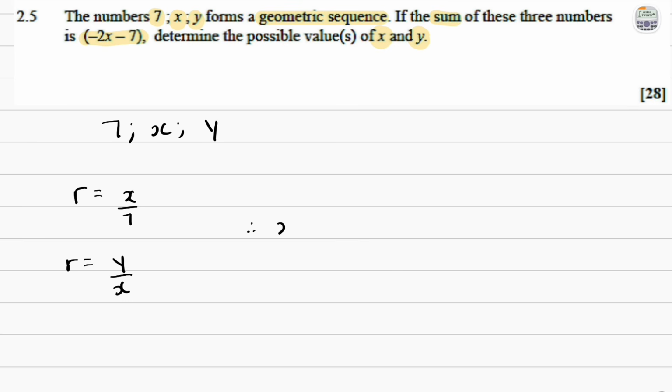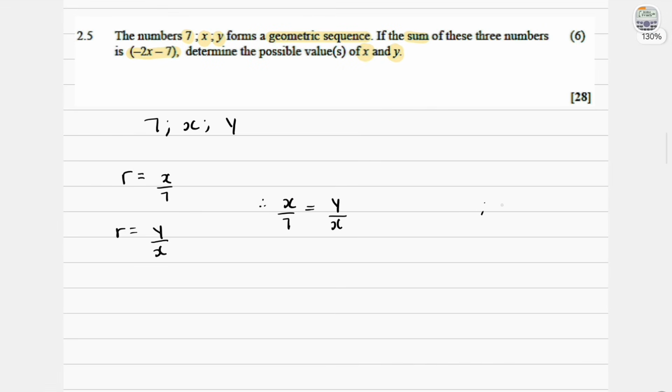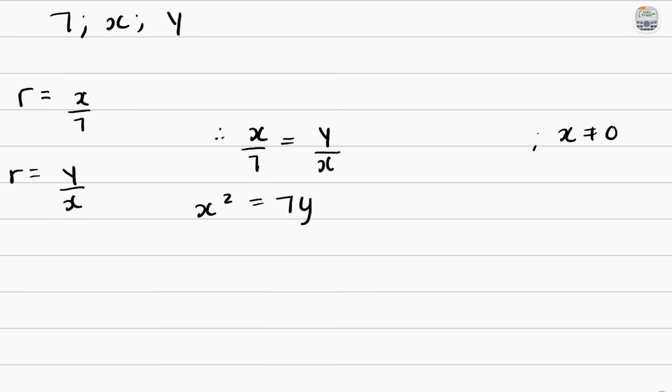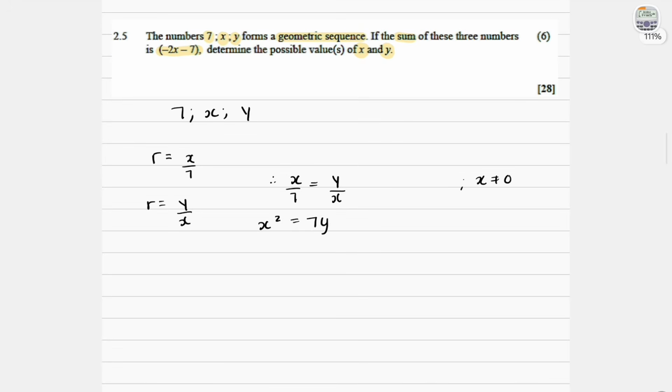So we're saying that x over 7 should still be equal to y over x. Of course, I will keep in mind that x should not be equal to 0 because of this. And so if you cross multiply, you have x squared is equal to 7y. Okay, so this is one equation we have.